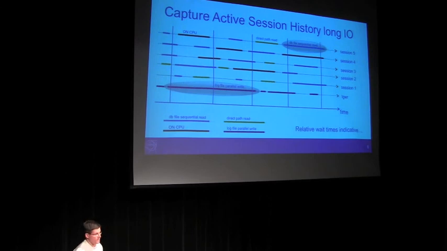So what to do for it? It's very simple. Essentially the database does the hard work for you, you just need to do something very simple afterwards. Active session history is a sampling of database sessions every second. Each horizontal line here is a session. You have some foreground processes, sessions 1, 2, 3, 4, and you have one of the background processes, log writer.